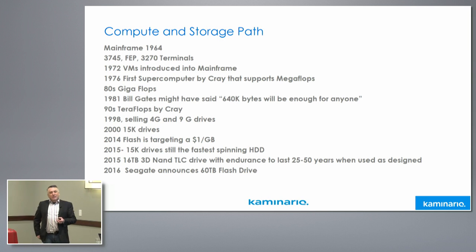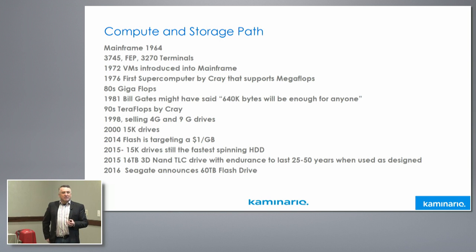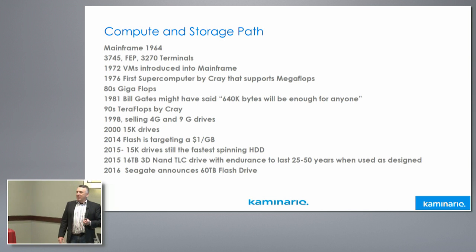You look back at 1964 when the mainframe was first established, and at 3745 and 3270 terminals, all these things that most of you don't remember. Unfortunately, I'm a little bit older and I do remember a lot of them. In 1972, VMs were invented. When you think about VMware, was it the first introduction into VMs? No, it was just the second or third round of these technologies.